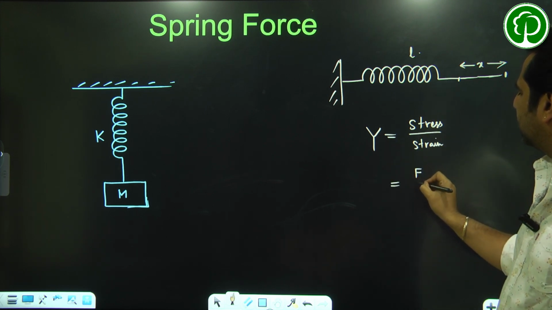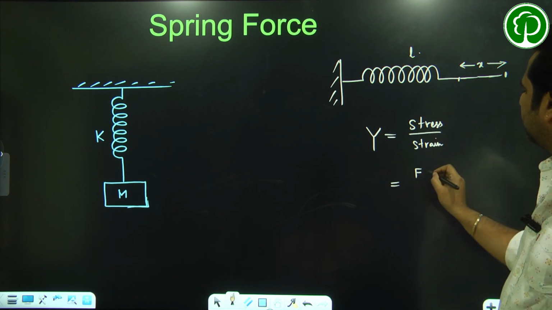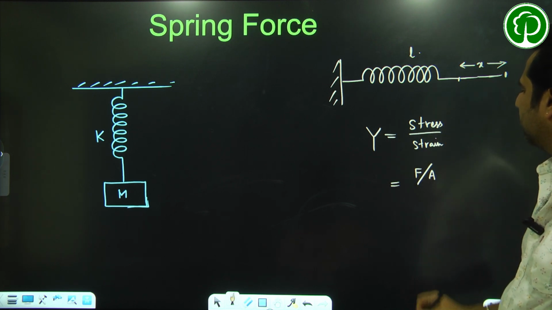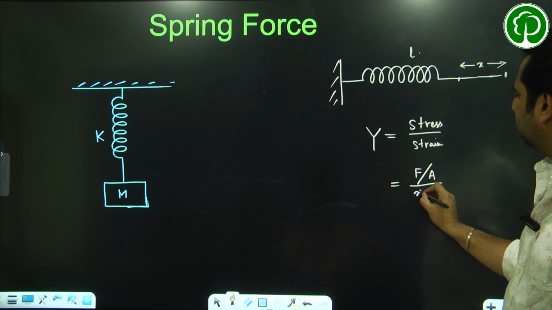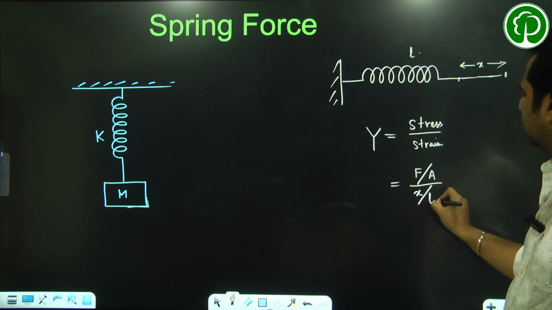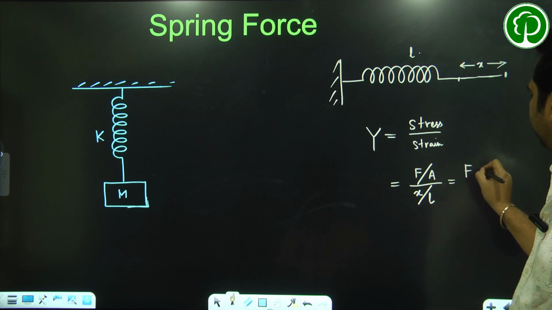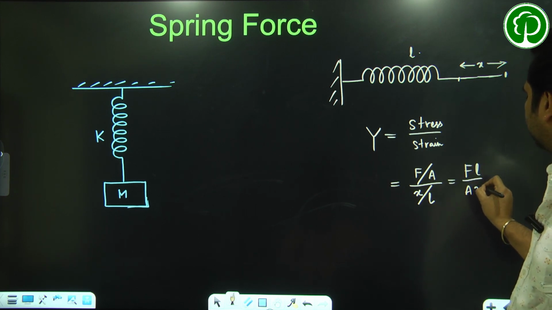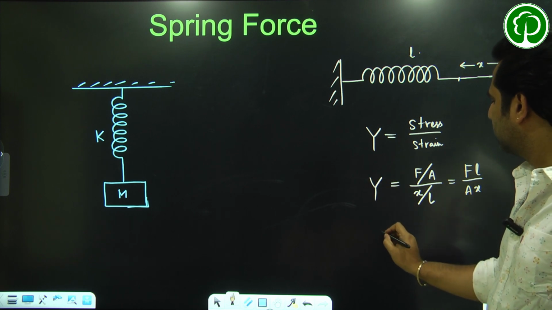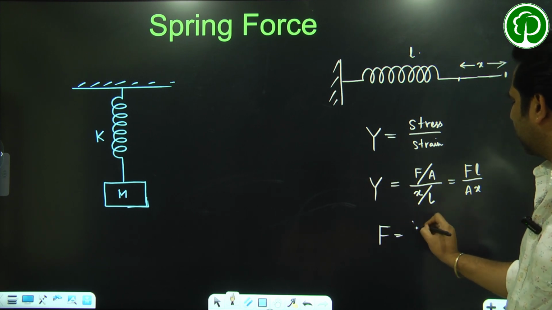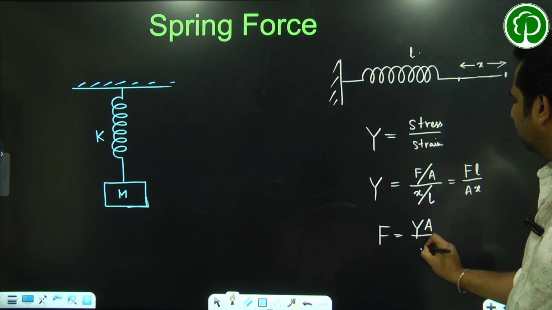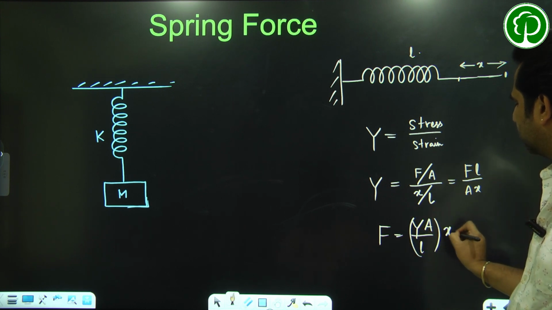When you elongate, let me say the spring force developed inside the spring is F, by area of cross section of the spring, that is A. Strain is elongated length x by initial length L. So this is nothing but F into L by A into x, which is Young's modulus. So spring force F is equal to YA by L into x.